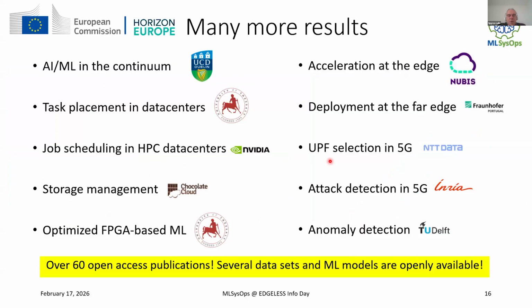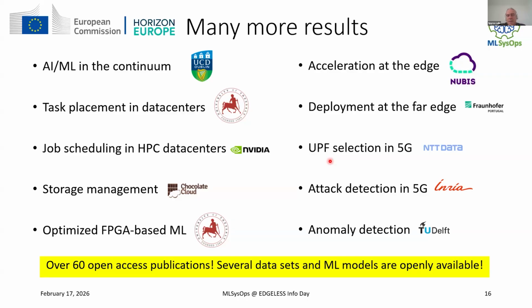There are many more results produced in the project. We had ML and AI being used to take decisions for task management in the continuum, job scheduling in data centers, intelligent storage management, optimized ML workload execution on resource-constrained nodes with FPGAs, acceleration at the edge, deployment at the far edge, where you cannot run proper containers and you have very resource-constrained nodes.